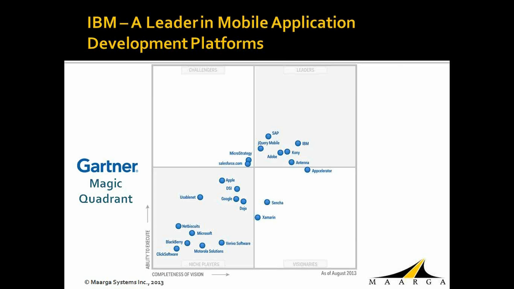Their service revenue that Gartner estimates exceeds 1 billion, which again is a number that is expected to grow. As a result, Gartner's latest Magic Quadrant for mobile application development that came out earlier this month features IBM as a leader. Gartner mentions that this is mainly due to the completeness of vision and execution ability of IBM WorkLight, which is what we're talking about today.